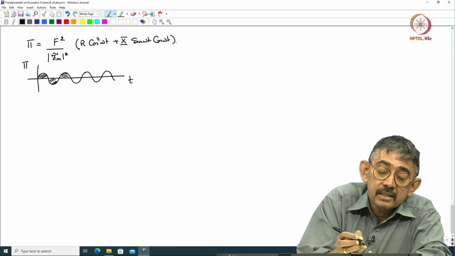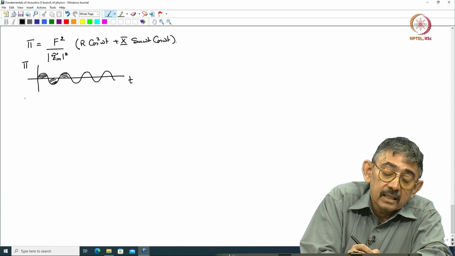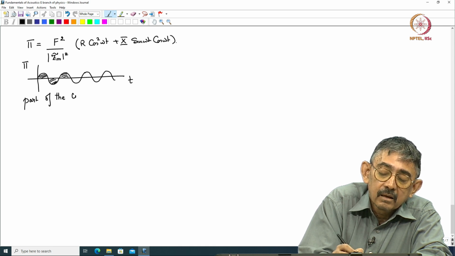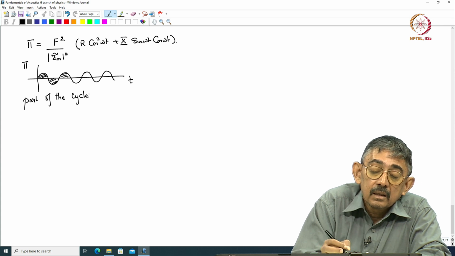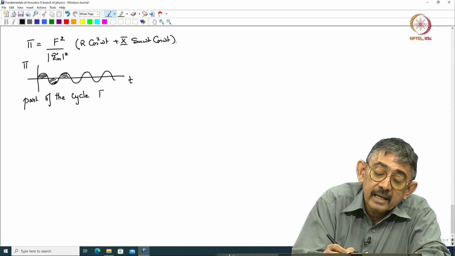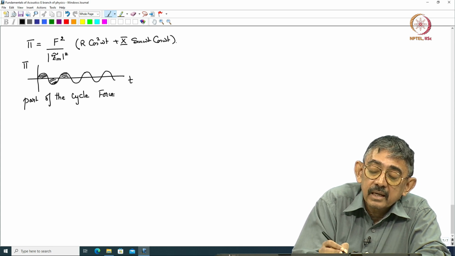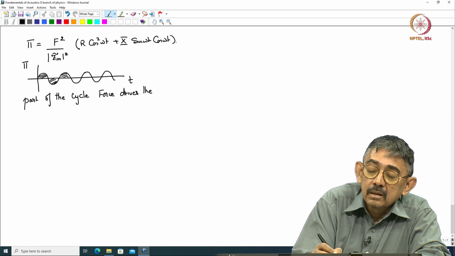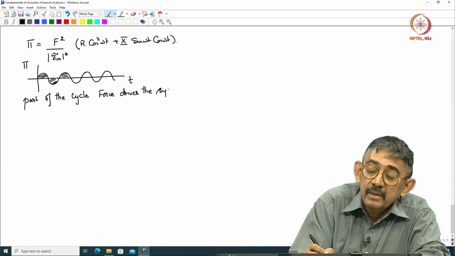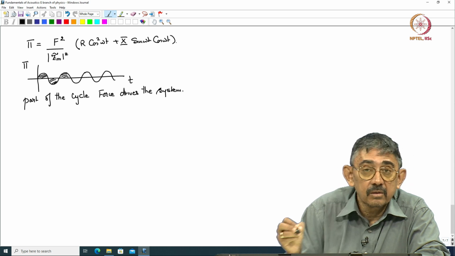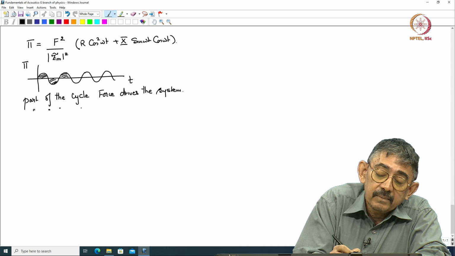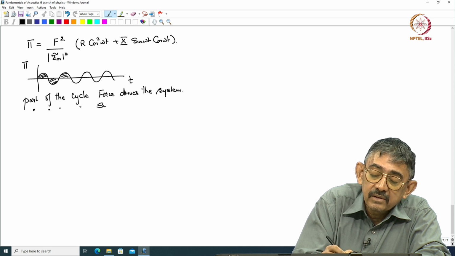What it means is that in a certain part of the cycle, the force drives the system, that means force gives power to the system, and in some other part of the cycle, the next part of the cycle, the system drives the force.